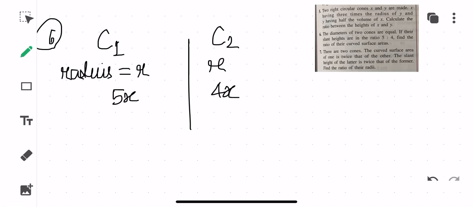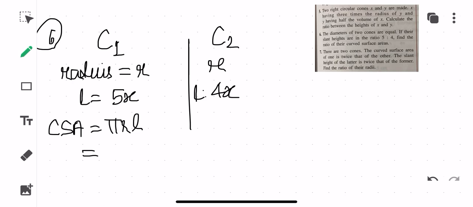Okay, then the ratio of their curved surface area will be what, children? Here we will be finding out, see, the slant height ratio has been given, so it is understood, children. What will be the CSA? CSA here will be equal to pi r L, and here also pi r L. So this will be equal to how much, children?